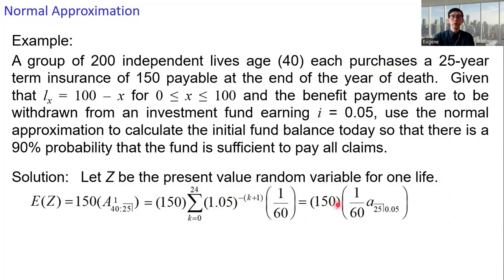This summation is 1 over 60, and this corresponds to a 25-year annuity at i equals 0.05. From that, we get the expected value of Z, 35.234861.